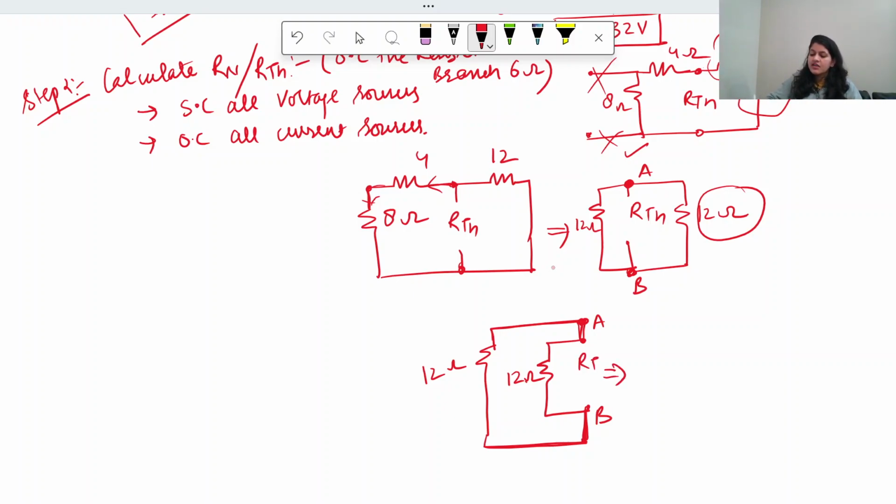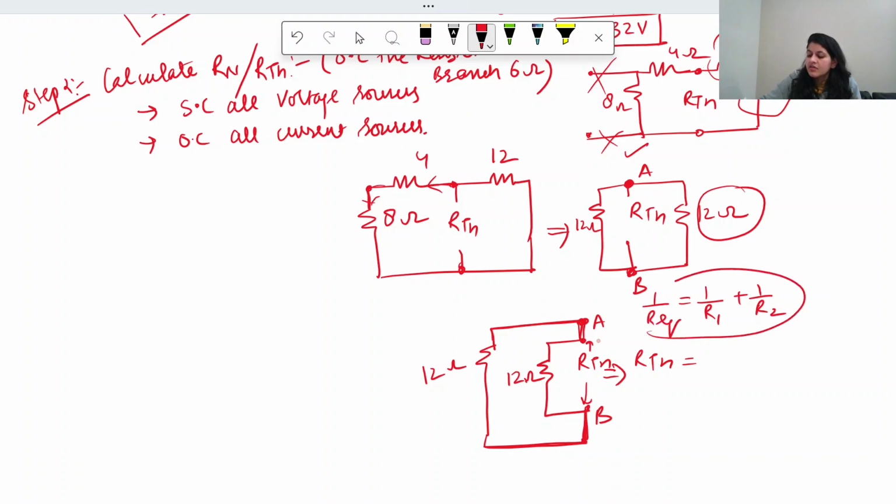So this is RTH. So now what will be RTH? If two resistances are connected in parallel, we can directly keep 1 by R1 plus 1 by R2 is 1 by R equivalent, right? Simplifying this, what do we get?